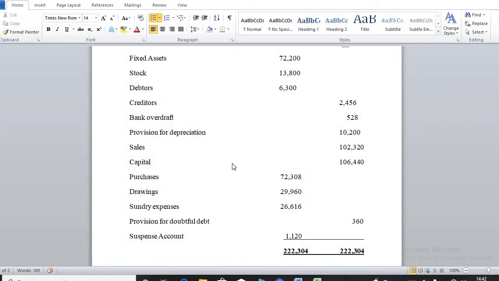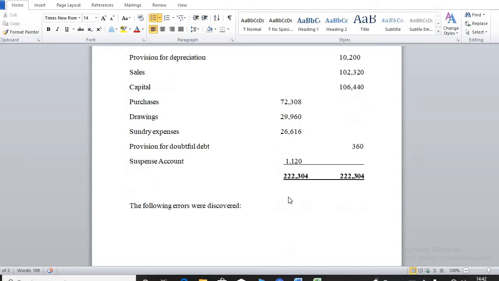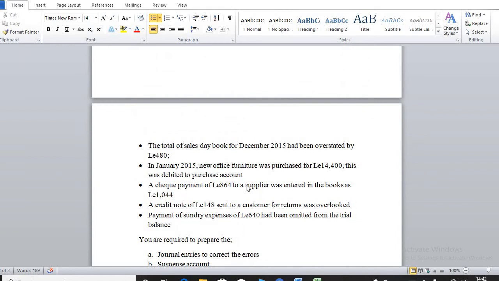So what it means is that this creditor's account, which is 2,456, has been understated by 180. Why am I saying it has been understated? Whenever we make payment to creditors for goods that we bought on credit, the account should be debited, and in debiting the account, we are reducing the amount that we are owing to them.